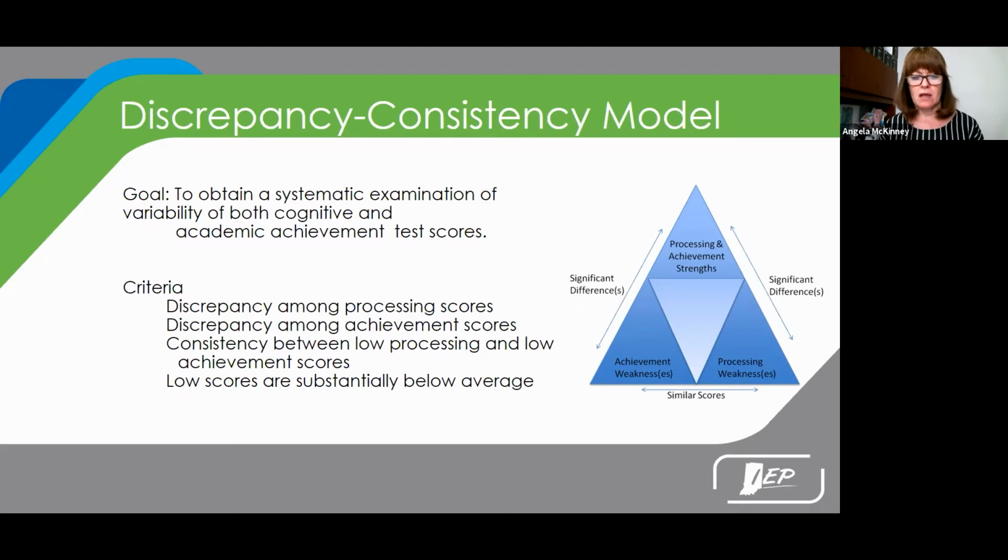So if I have a low score in sequential processing, and I'm having a lot of trouble with reading words, and you can see from what you're doing with me academically that I'm having trouble getting all my sounds lined up in a sequential fashion, that makes sense to me, right? That's logically like, well, of course I would have difficulty with that.